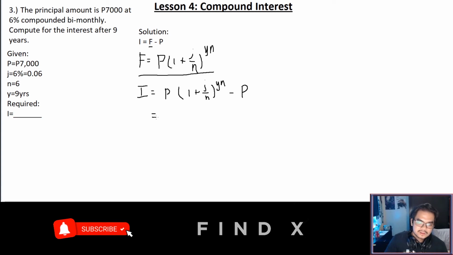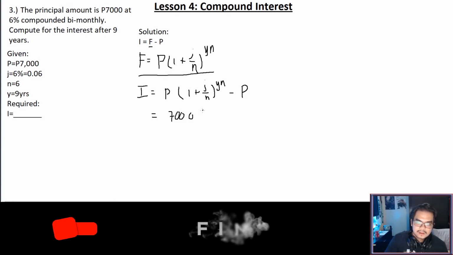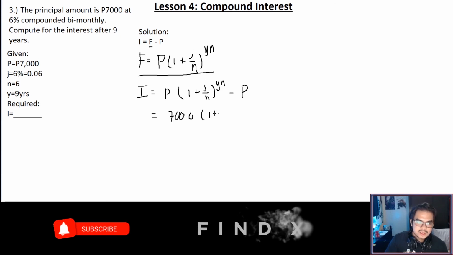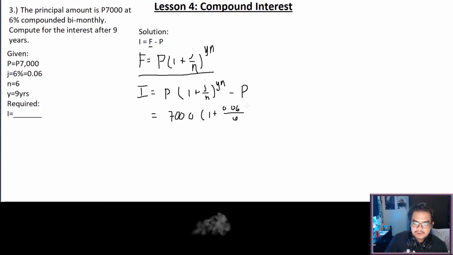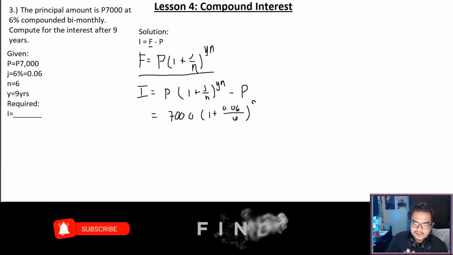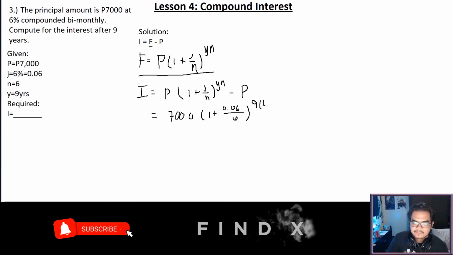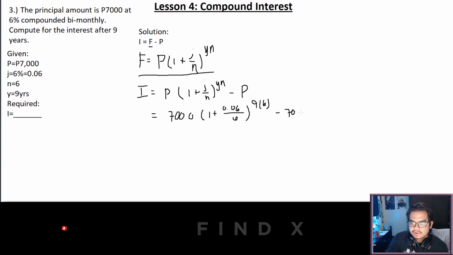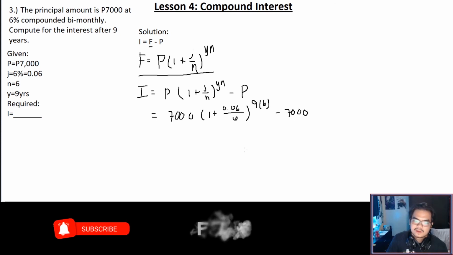So substituting all the given, you'll have 7,000, that's the value for P, times (1 plus j, j is 0.06, all over 6) raised to yn. Y is 9 and n is 6. Minus 7,000.